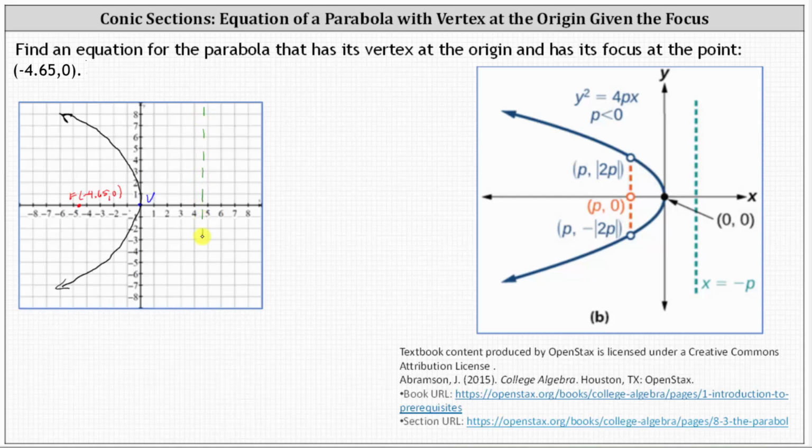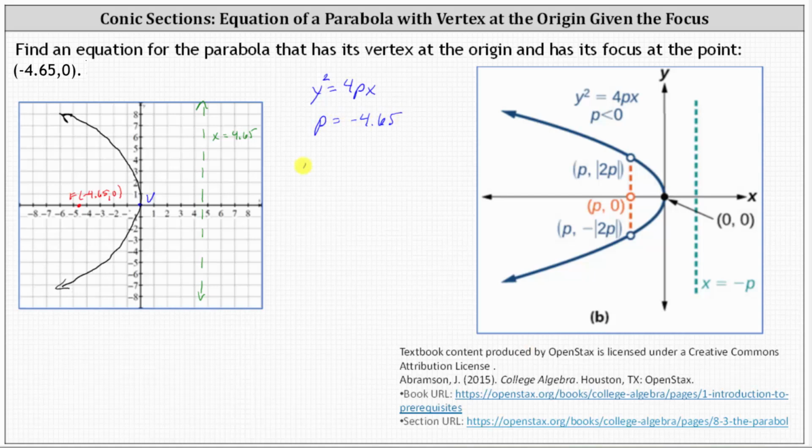And because the parabola opens to the left, we know the equation must be in the form of y squared equals 4px, where p is going to be less than 0, which we can tell because the focus is the point (-4.65, 0), indicating p equals negative 4.65.